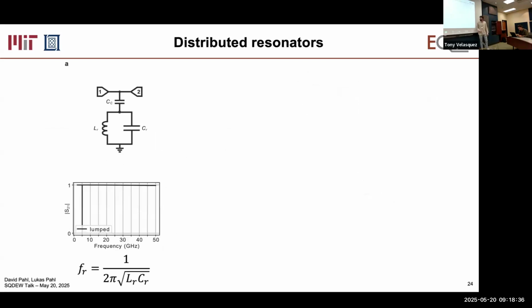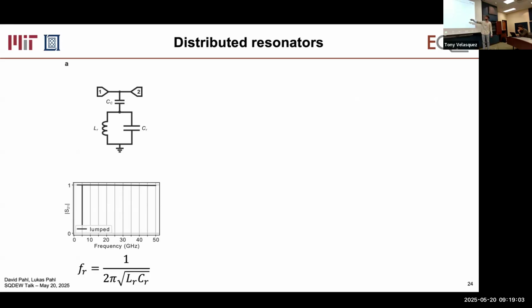So let's use these and actually build some circuits, and let me simulate their transmission. Maybe some of you are familiar with what this is. This is an LC resonator that's capacitively coupled to a feed line in a hanger configuration, right? So if your signal goes in here, it can couple to your LC oscillator, and then it couples out again and goes to port 2.